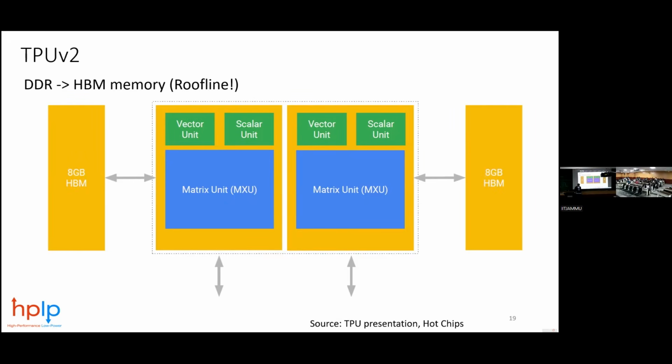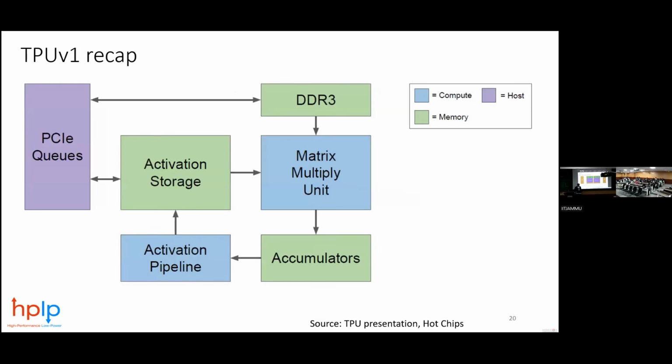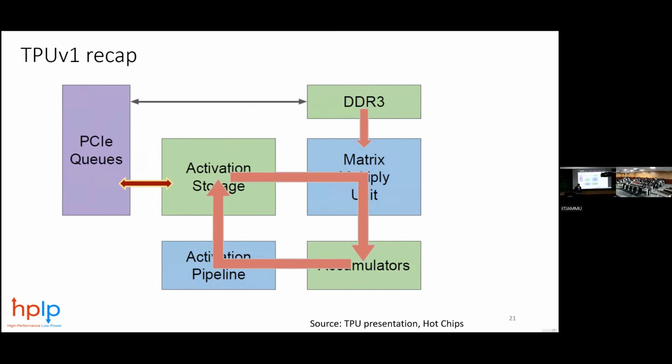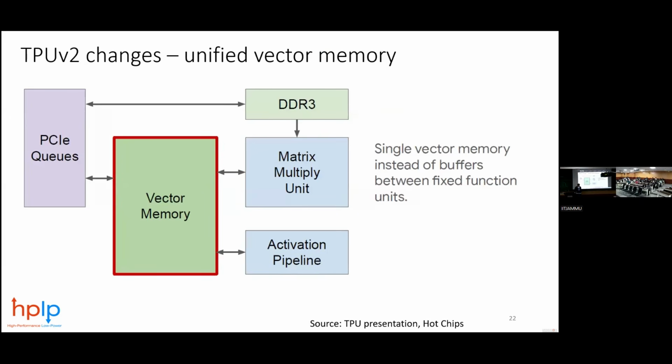In TPU v2, they went to HBM memory instead of DDR, to help with their own roofline, because their bandwidth was not that great. Arguably they felt the need to have higher bandwidth, and they doubled the number of systolic arrays. And this is the TPU v1, and I'm not going to go into details, and TPU v2.